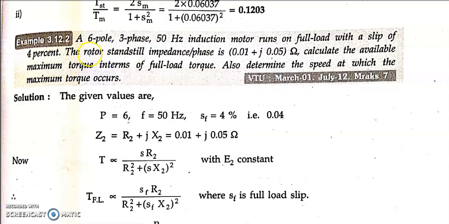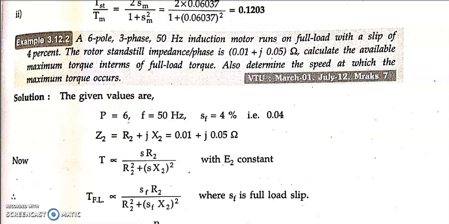Again it is rotor, so it is Z2 per phase, 0.01 plus j0.05, that is R2 is 0.01 whereas X2 is 0.05 ohm. Calculate the available maximum torque in terms of full load torque, meaning we are supposed to calculate the ratio of TM to TFL. We shall see that. Also determine the speed at which maximum torque occurs.